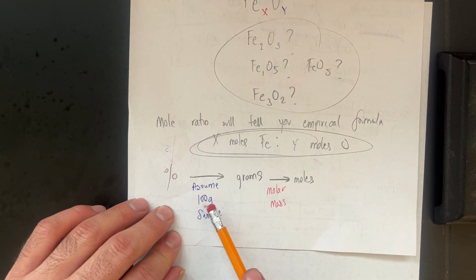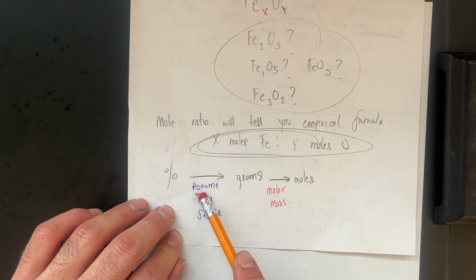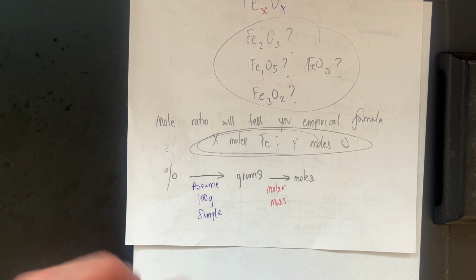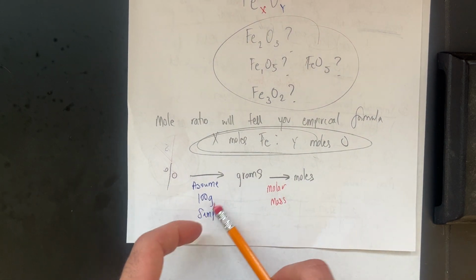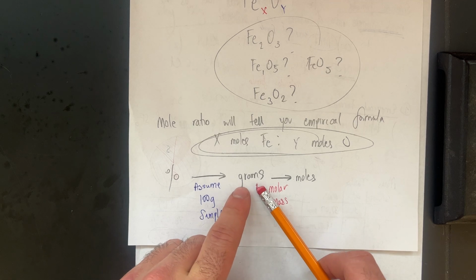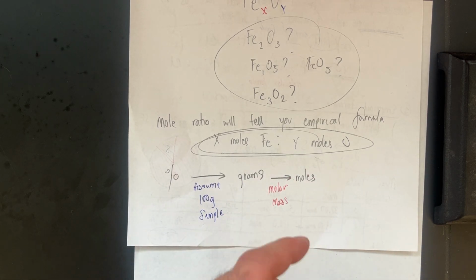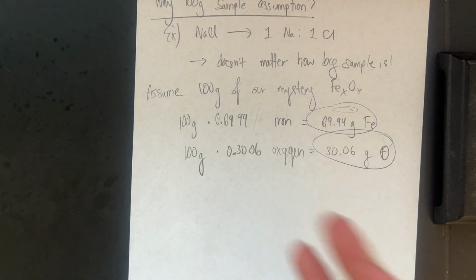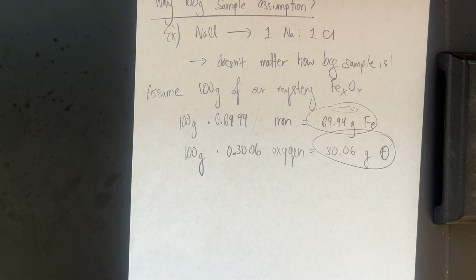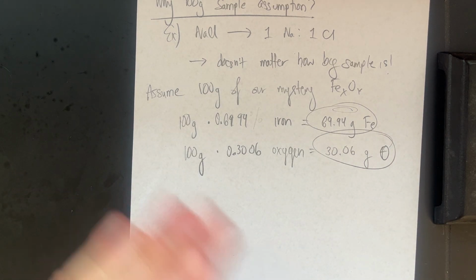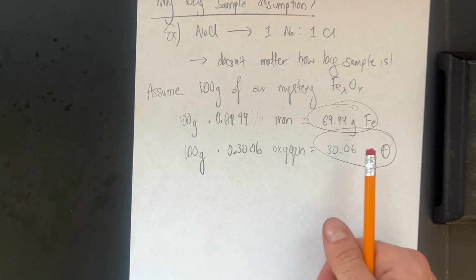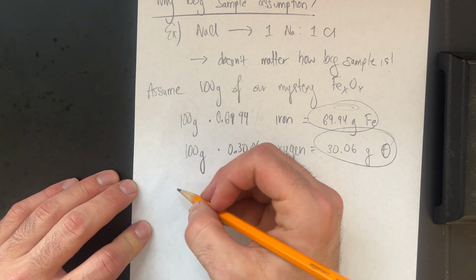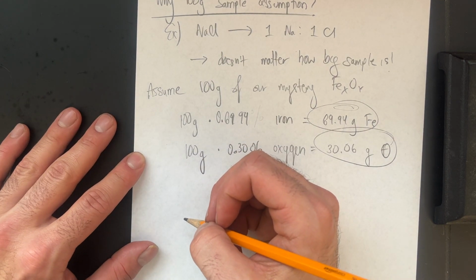And so by doing this 100-gram sample assumption, we basically are able to get some number of grams because it doesn't matter how many grams you have. What we really need, though, is to have those grams and then to be able to go to moles via molar mass. And so we do this assumption, we get grams, and now we can work with these grams, again, knowing that it doesn't matter how many grams you have, because the ratio is going to be the same.